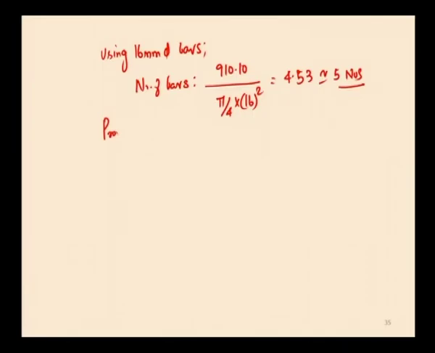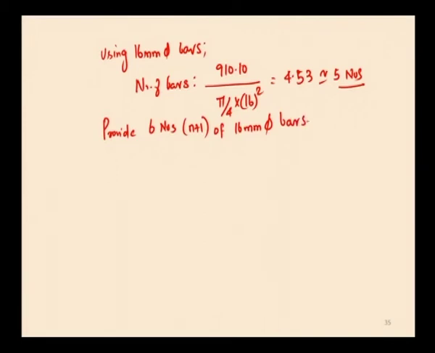So, provide n plus 1 number of reinforcement, that is 5 plus 1, that is 6 numbers of 16 mm diameter bar.